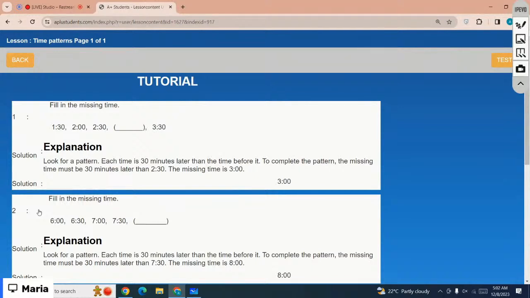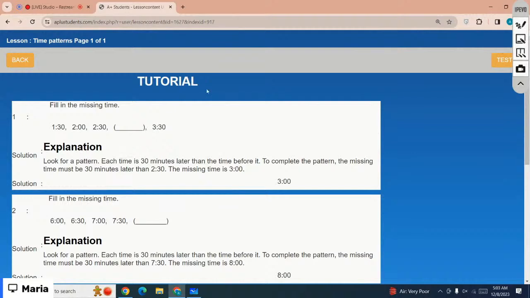Then add 30 minutes to 2:30. That means the missing time is 3, right? So here the patterns are exactly the same like we did the patterns with the simple numbers. They are increasing or decreasing by a specific amount of time. Got it?